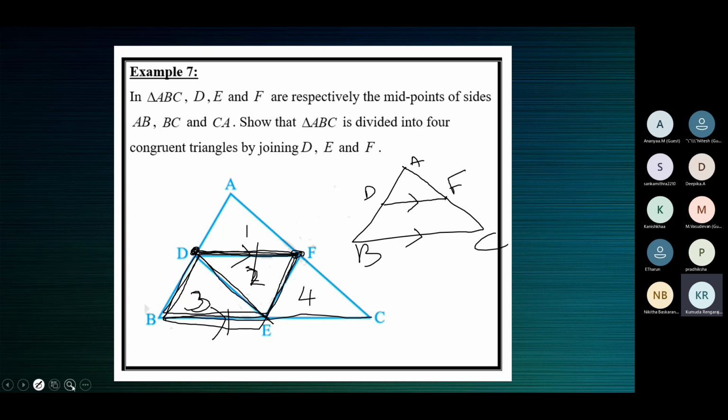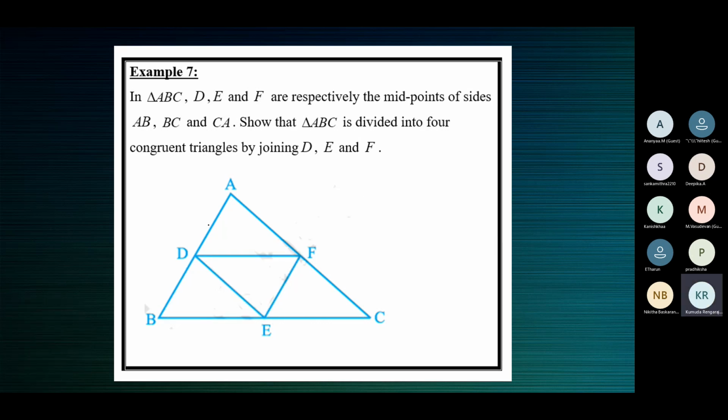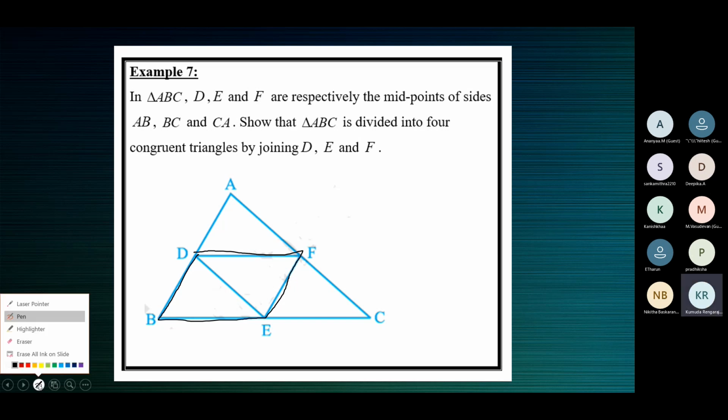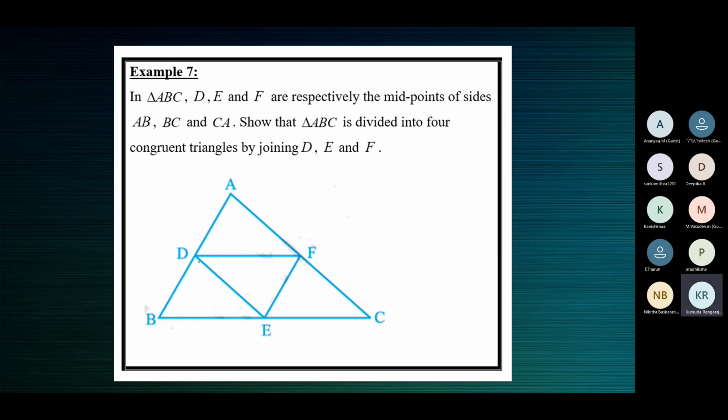Before that, I should show you how many quadrilaterals we have here. See here, children, this is one quadrilateral, which can be proved as a parallelogram. We have another quadrilateral like this, which can be proved as a parallelogram.